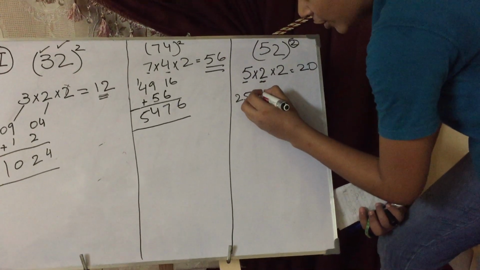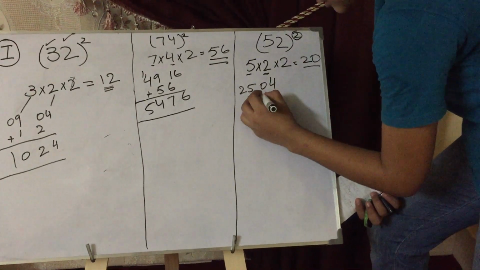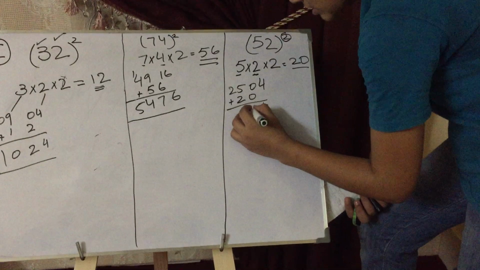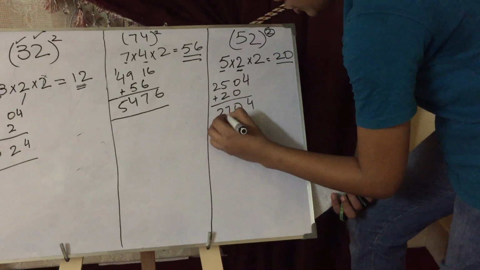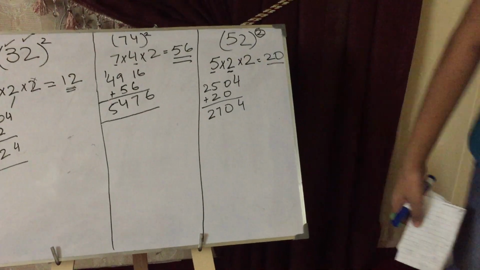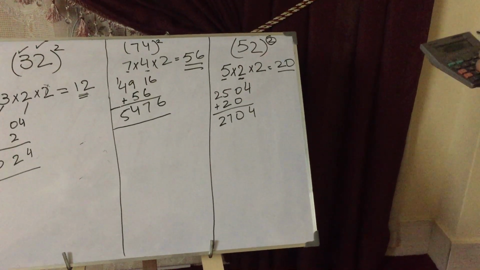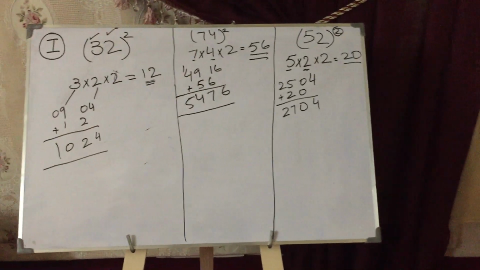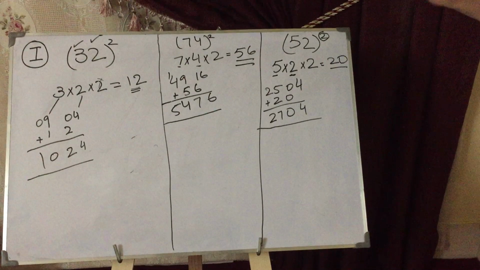Look, there's 4, so we will put here 04. The middle number comes in between: 4072. I'll check for you: is my answer correct or wrong? Look guys, 2704. My answer is correct.